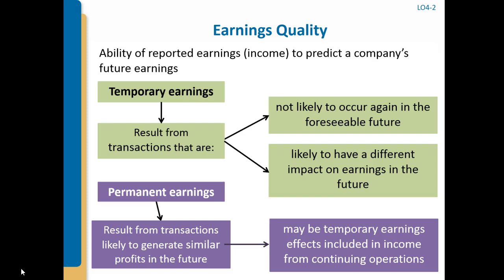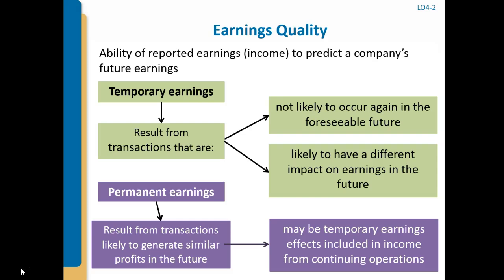What are temporary earnings, and what are permanent earnings? Well, temporary earnings reflect results from transactions or events that aren't probably going to occur again in the foreseeable future, or that are likely to have a different impact on earnings in the future, while permanent earnings relate to operations that are expected to generate similar profits in the future.